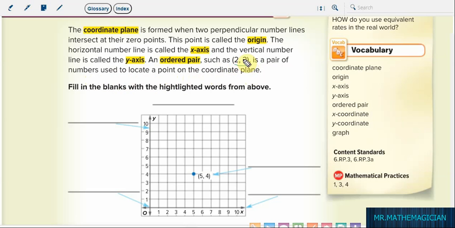Let me show you how. So start from the 0, 2 units on the x-axis, then we move up 1, 2, 3. Here this is the point, exactly 2 and 3.